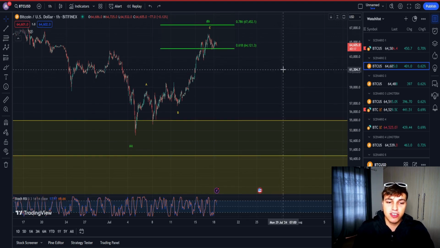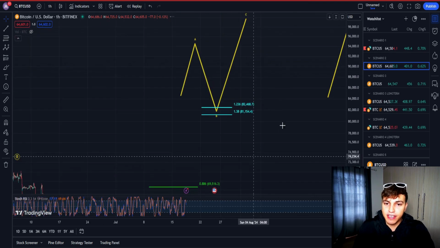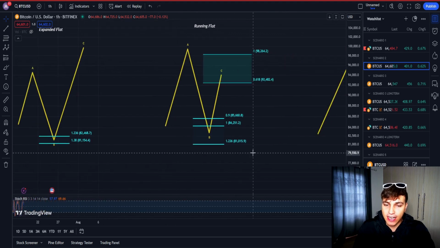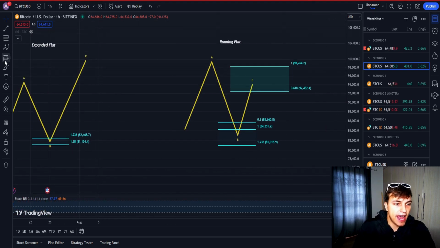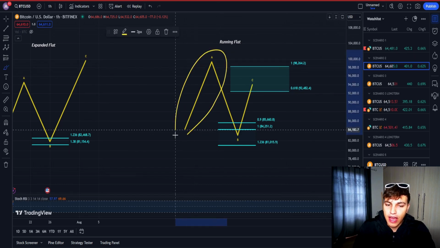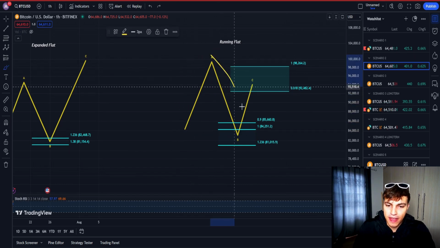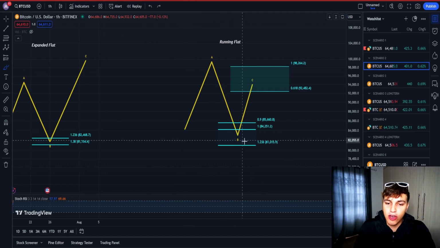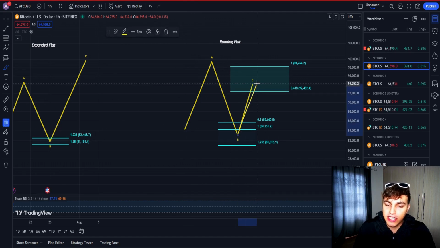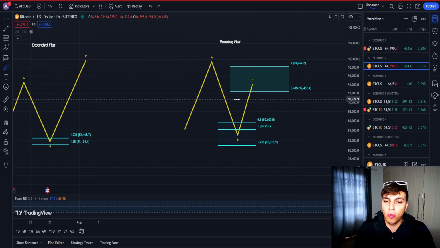Now, just for some education, we can see over here what a running flat actually is. A running flat in this case is an A wave up, a B wave down that possibly takes the low of the A wave. As you can see here, this low is lower than this low, and then retraces into the 0.618 to the 1.21.